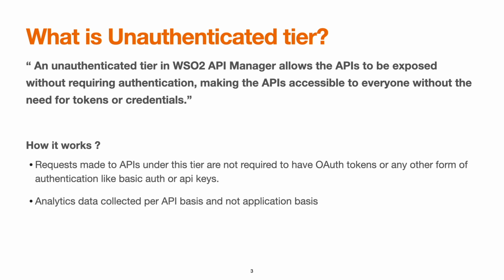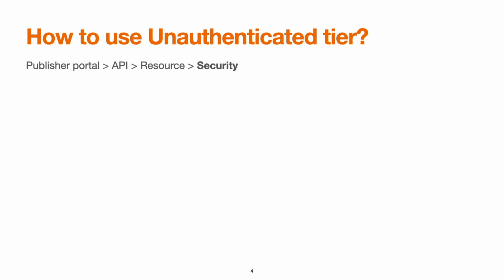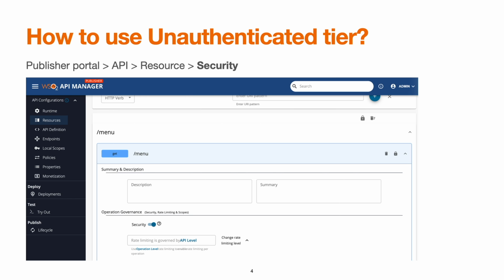So the question comes, how to use this tier? The answer is very simple. Once we log into the publisher portal, we go to the particular API and open the particular resource. In this example, we have a /menu resource, and under this menu resource we have security, which is toggled.